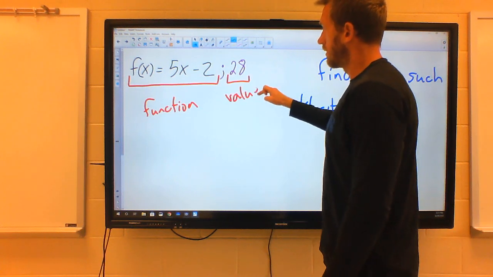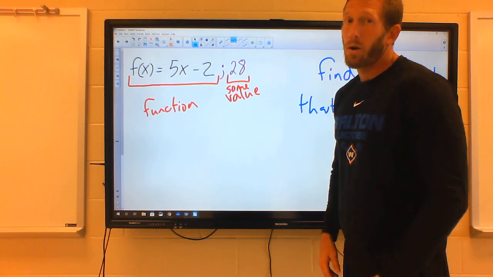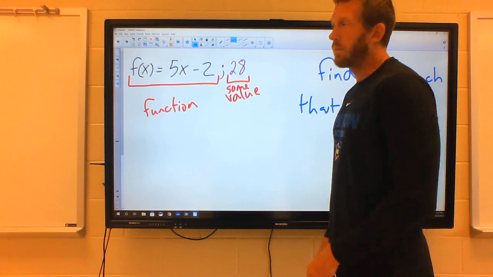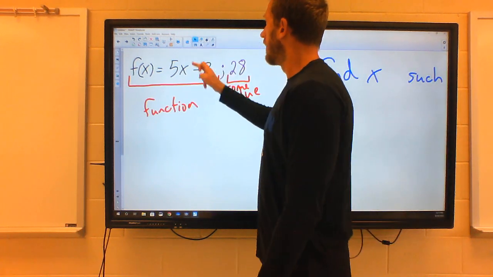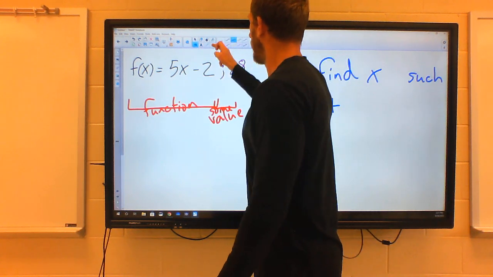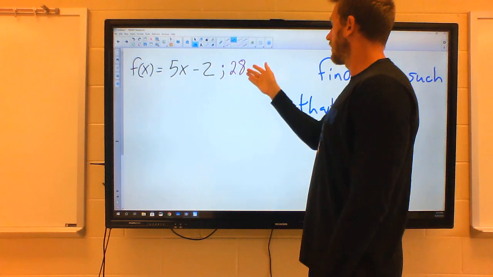It's just some value. We don't really know what that value means unless we have some words that go with it. But right now we know we've got a function and we've got some value. That's all this means when we have a semicolon there, okay? It's separating two thoughts, our function, some value.